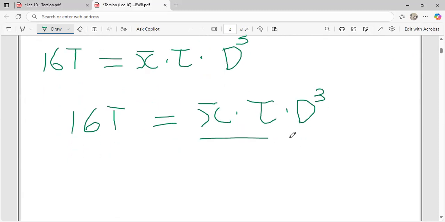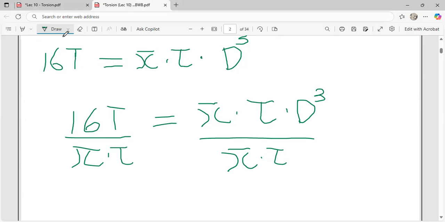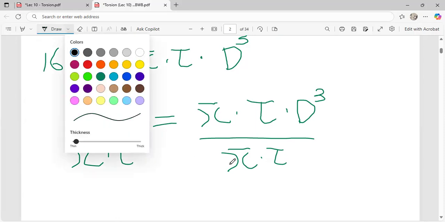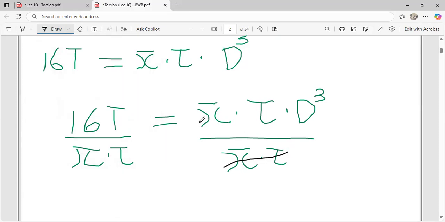From here, we are going to divide by pi and the shear stress. We divide both sides because we want d to stand alone. That is why we are doing this. So these two will take care of these two.